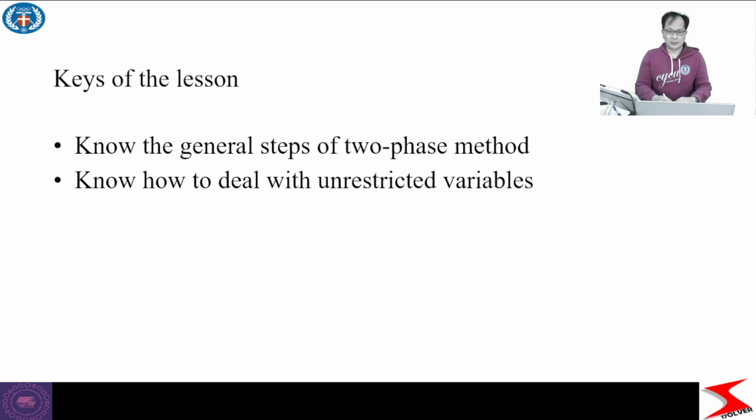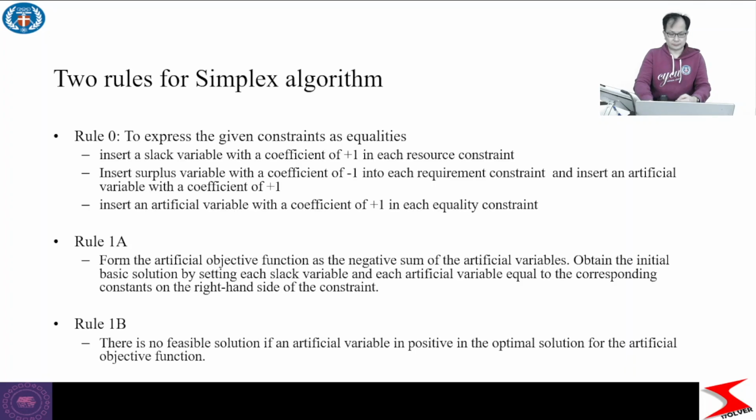And also, to deal with restricted variables, when there is a variable which can have a minus or plus sign, how can we deal with that and apply the simplex algorithm?